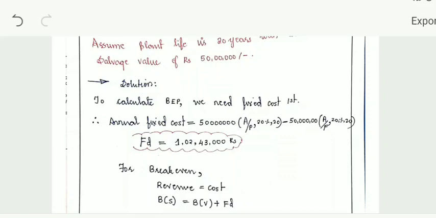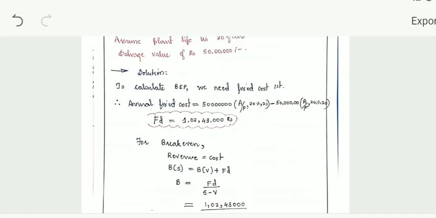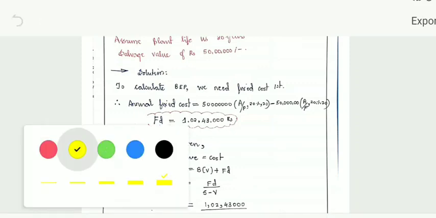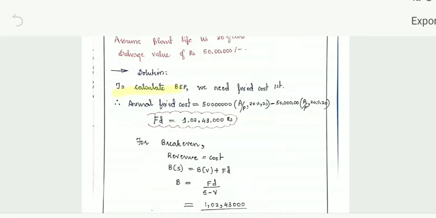So to calculate the break even, we need the fixed cost, thus the annual fixed cost is 5 crore, and we are converting it to annual amount from the present worth.